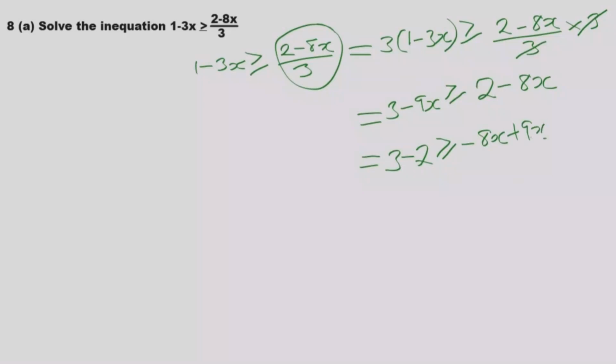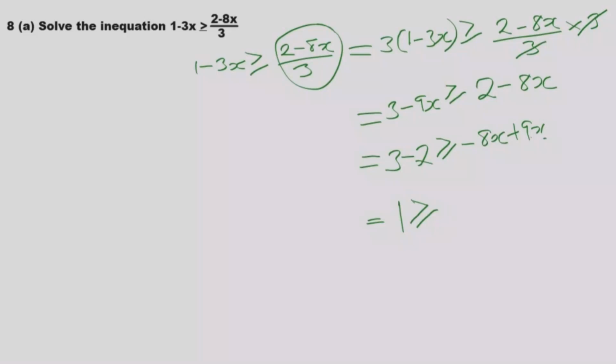Then we say 3 minus 2 will give us 1, which is greater or equal to negative 8x plus 9x.